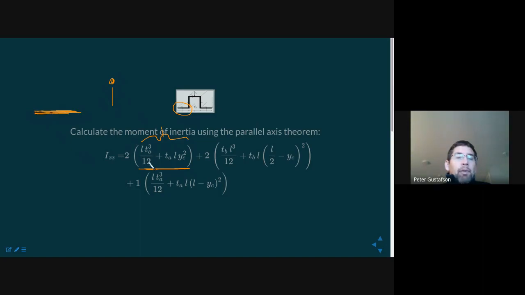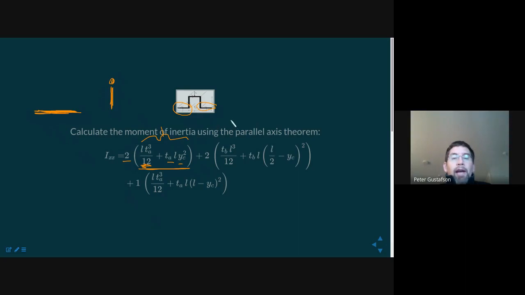So this portion is the local term plus the area, which is the thickness times the length, so TA times L, times the distance from the reference point squared, so that's YC squared. As I have indicated, this is for one segment. Of course, there is another one here, so we multiply by 2 to get both of them.